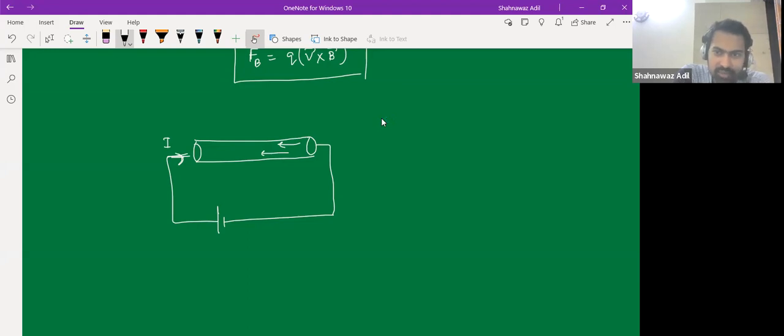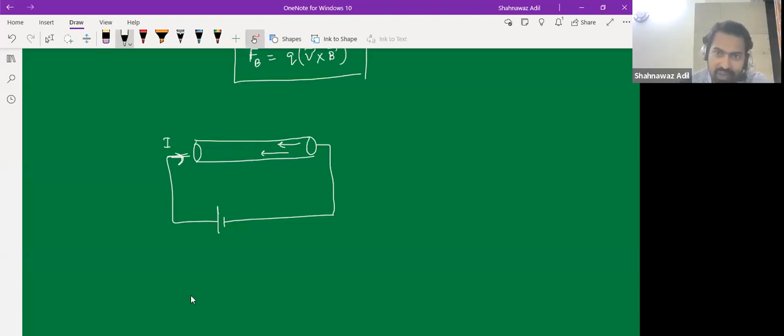We have discussed that in detail. When you apply some voltage across the conductor, then what is the velocity? Okay, let me simplify the question more. What is the average velocity of charges moving in a current carrying wire?